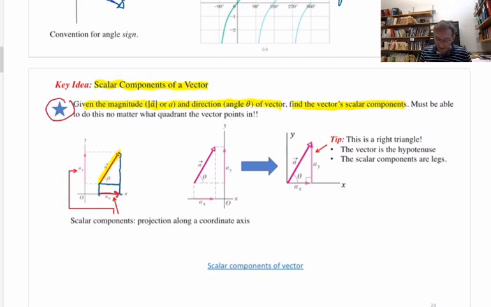The arrowhead on that arrow I just drew is determined by the arrowhead on the original vector. And that is the projection of the vector onto the x-axis. That's the scalar component along the x direction, and it is denoted A subscript x. It's the x scalar component of the vector A.